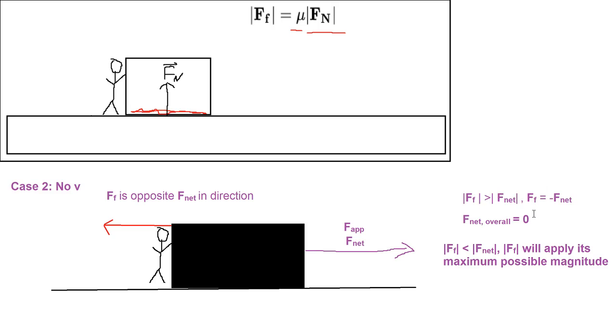In other words, if friction is bigger than all your other forces, you're not going anywhere. Now, if the maximum magnitude of the force of friction is smaller than all the other forces put together, so smaller than the applied net force, friction will apply its maximum possible magnitude in the opposite direction of all the other forces added together to try to slow it down.